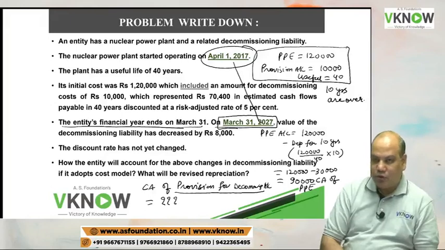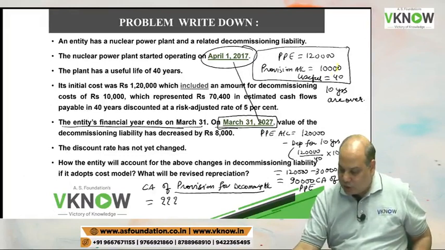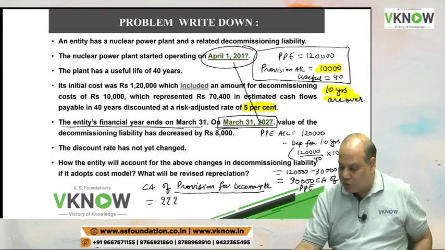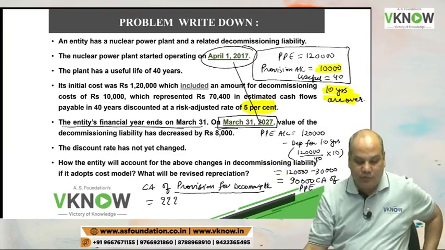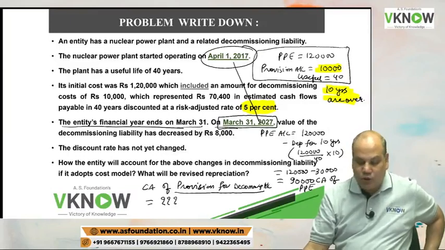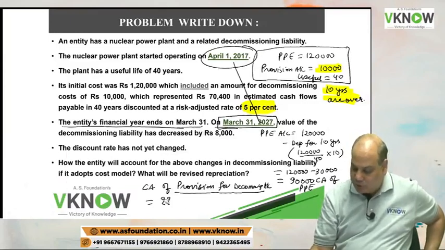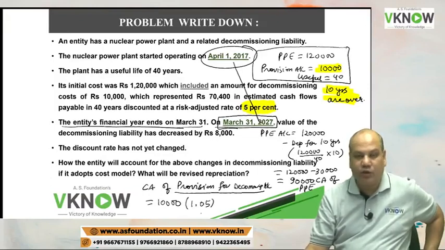Very easy. Your starting number is 10,000 rupees. 10 years are over. You have to add 5% on a cumulative basis 10 times. So the carrying amount of provision for decommissioning expense would be: you will take 10,000 and add 5% every year.